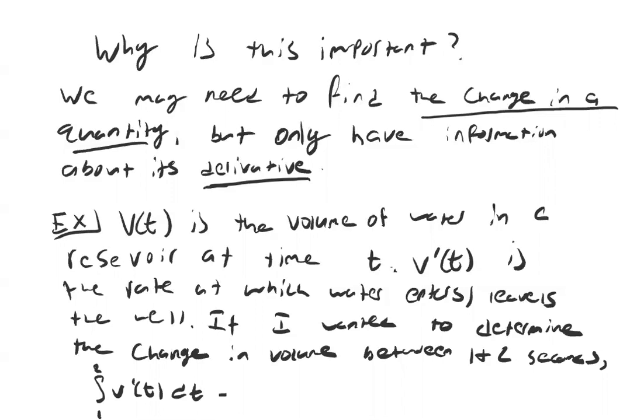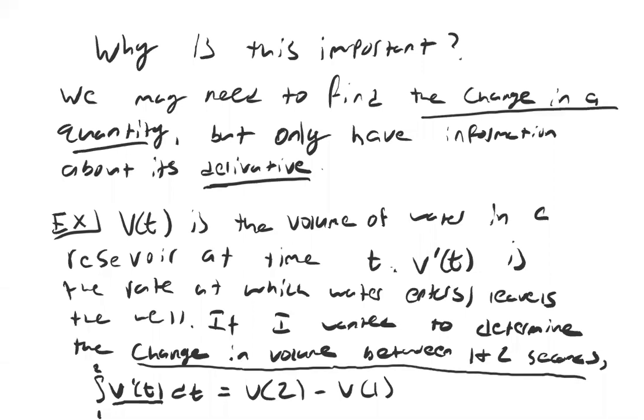And this will just end up being that volume. So this is going to be V of 2 minus V of 1. So the idea is, this V prime of t is something I might be given. I can integrate it and then do the evaluation and get this new information about the change in volume between 1 and 2 seconds. And that's going to be important when we talk about physics and things like that.